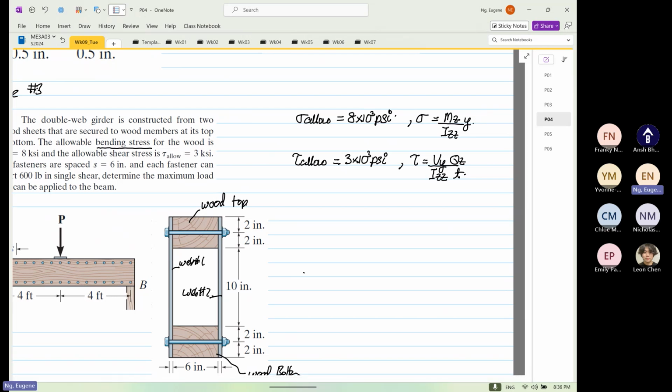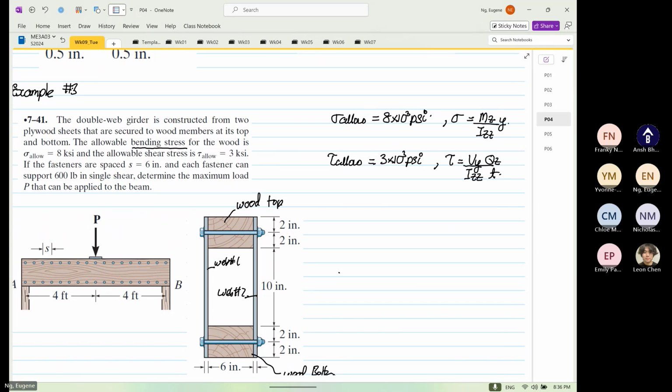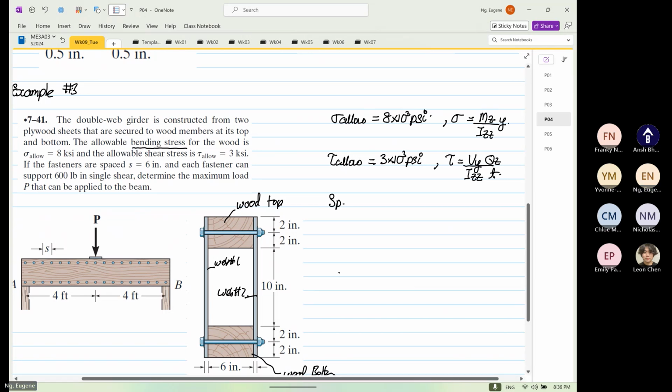And the last part given to us is the fastener spacing, or the spacing between fasteners, is 6 inches.